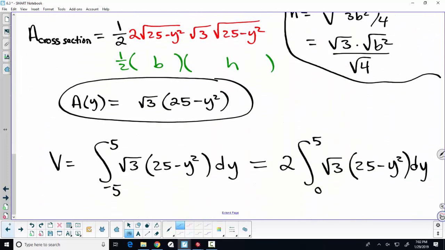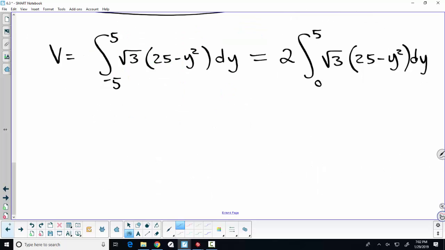Okay. Questions on where we're at? We're going to use that one. We're going to pull out our constants. Anti-differentiate 25 with respect to y gives us 25y.